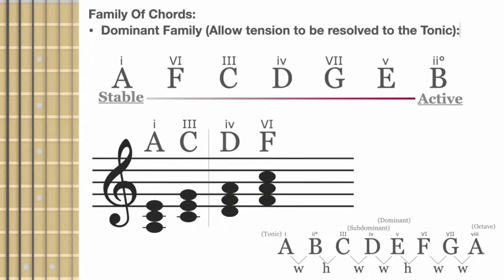Now, what I want to do here is when we look at the dominant family for the minor, I want to look at the B really quick. Now, the B, there's a point of some put the B into the subdominant family for minors. I like it in the dominant family, but that's not saying that I'm right.